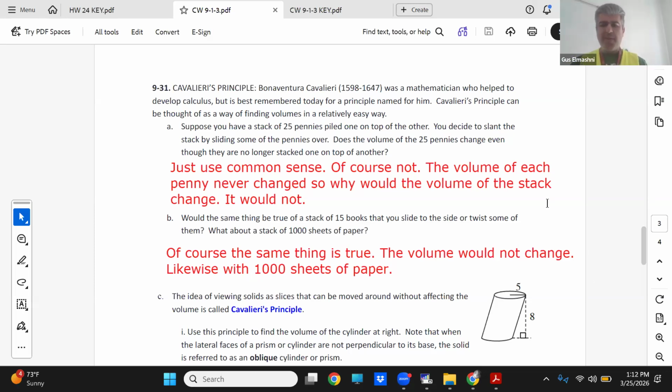So you're just going to do this, right? Imagine these are all these thin discs. So yeah, we're still taking that into consideration.